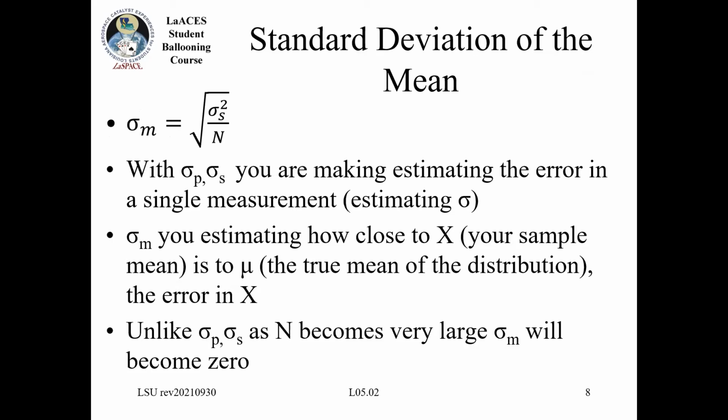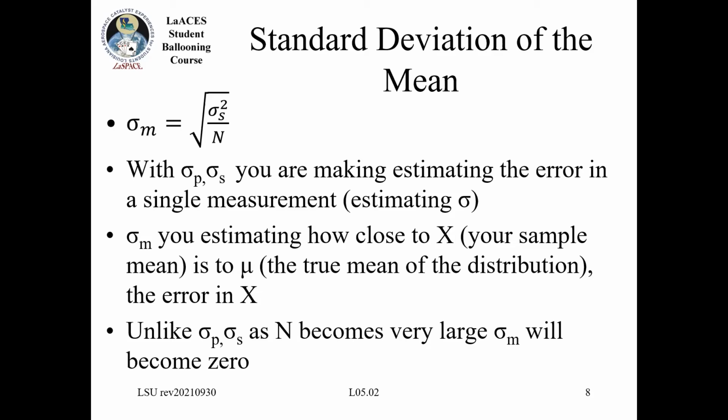You're saying how much is my single measurement off from that middle mean, right? Whereas in this one, what you're actually measuring is how close the average from your measurements is to the true mean, to that peak value.